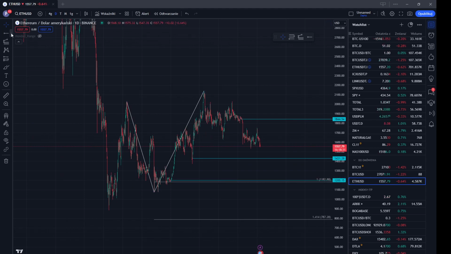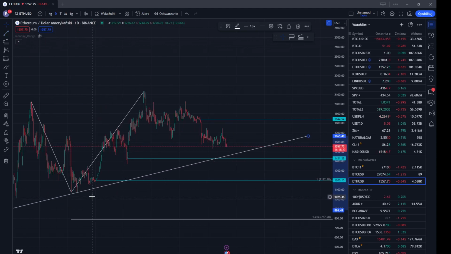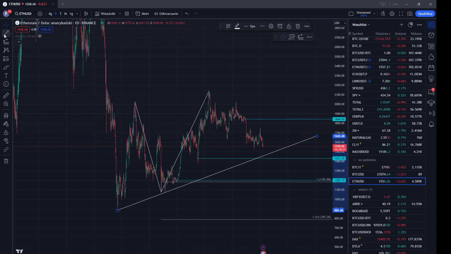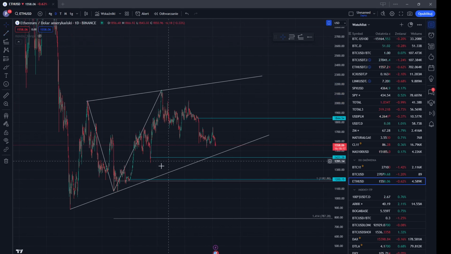So if we look at diagonal or support lines, there's still room to the downside, even if we take this as some kind of a leading diagonal probably.